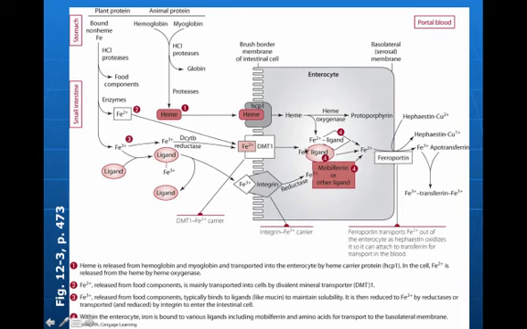Another point of regulation is DMT1. Now, DMT1 is a transporter, allows iron to go into the cell. So if a person is iron deficient, guess what happens to DMT1 levels? They tend to go up.